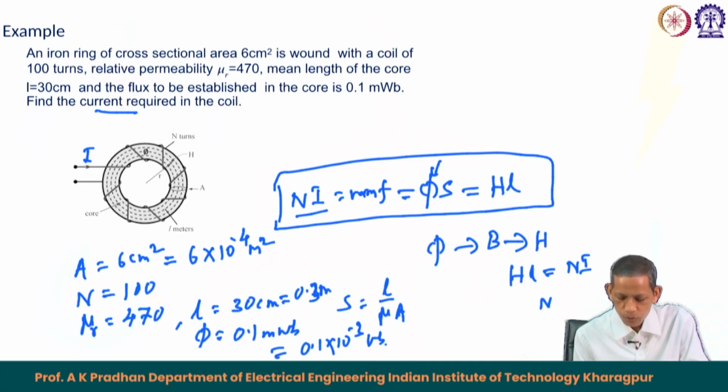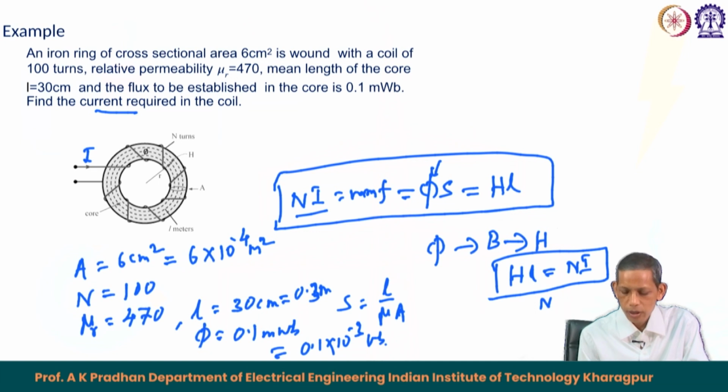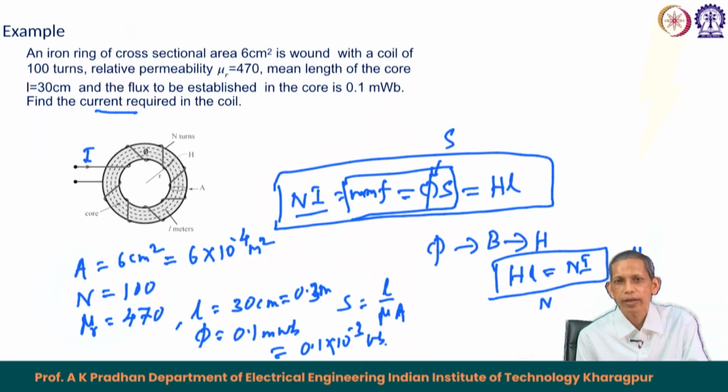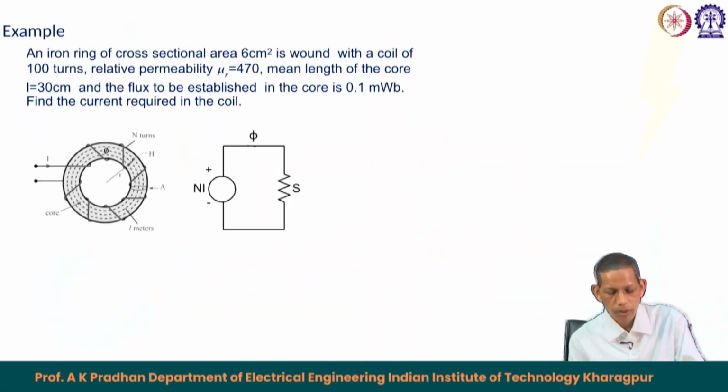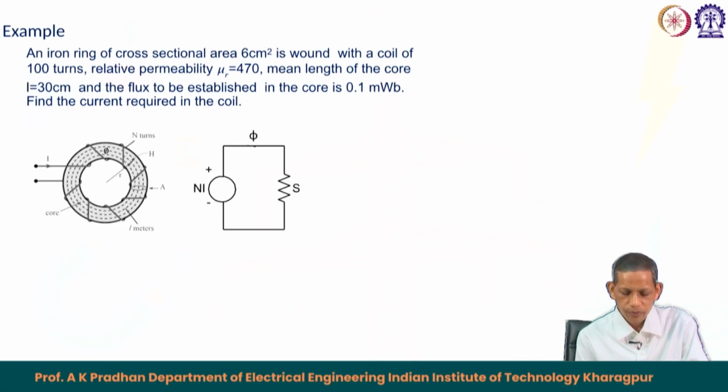The first method is the H L equals N I approach, and the second is the MMF equals phi into S approach. In the first we find H, in the second we find S, and both lead to the same current required to establish the flux of 0.1 milliweber in the core.